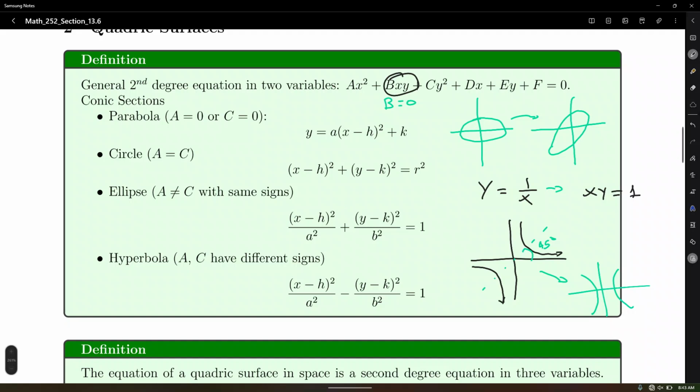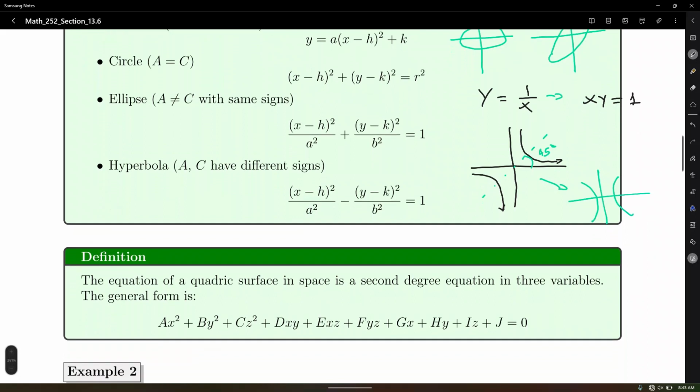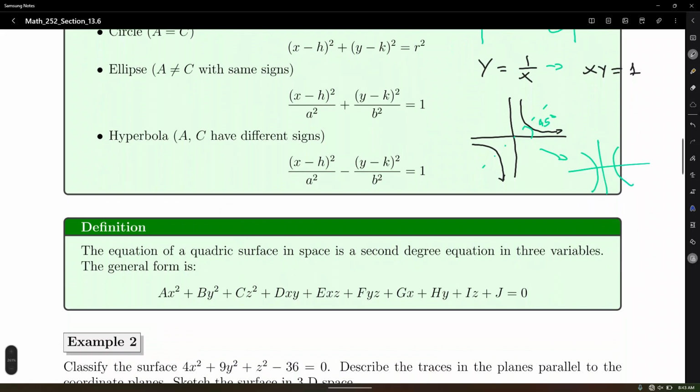All right? Now, the equations of the quadric surfaces. So now we're going to put our 3D glasses on this time. We're going to look at the quadric surfaces. These are still second degree equations, but this time in 3 variables. Let's have a look at this. So ax squared plus by squared plus cz squared.